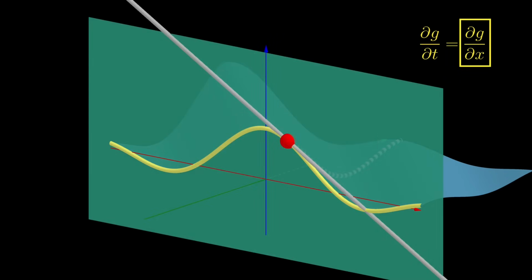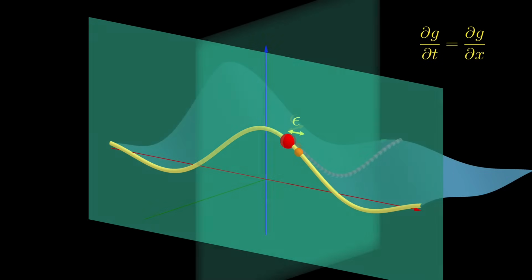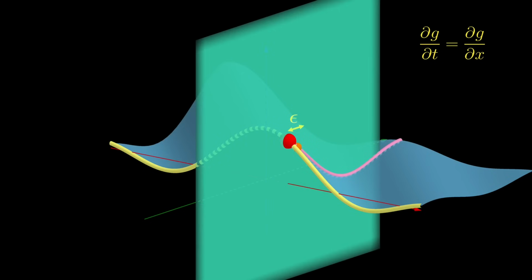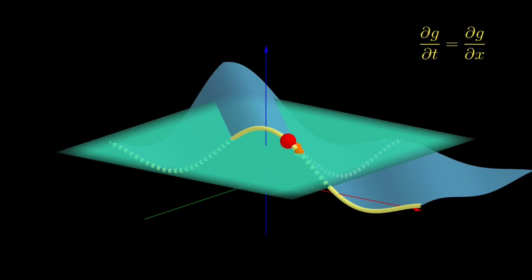So if you compare going towards the x direction by a very tiny amount, say epsilon, versus going along the t direction by epsilon, since the slopes are the same, in these two situations you end up with roughly the same height. You can think of going along a sort of 45-degree angle, and at least for a short time, you are not going up or down.